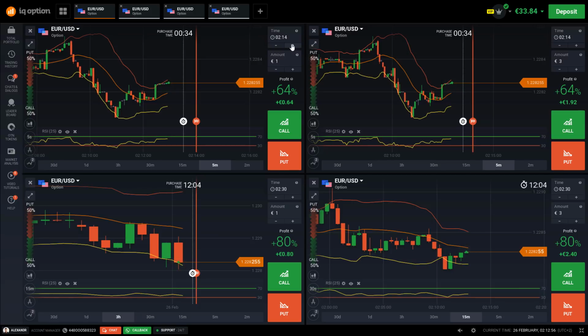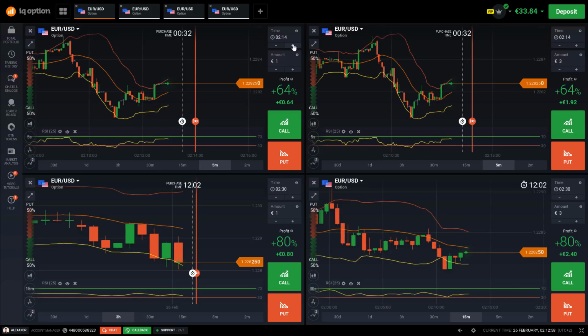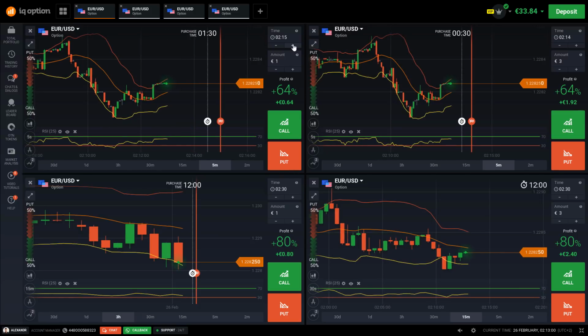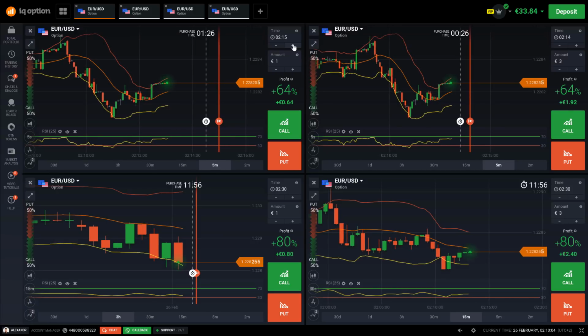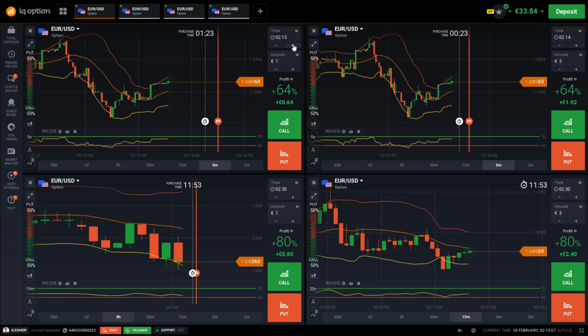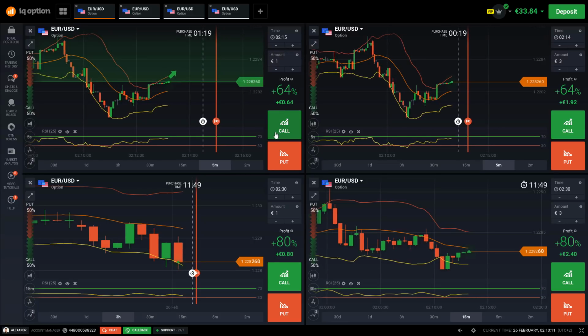I have only like 70 seconds, so I'm gonna increase the expiry time until green settles a little bit higher before opening the position.